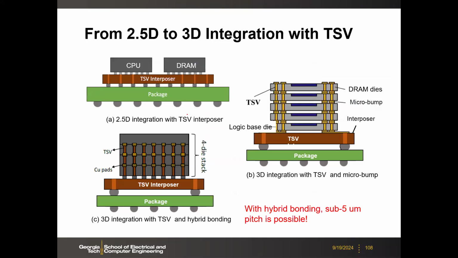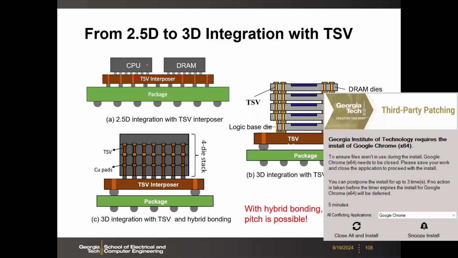So now if you have the TSV, then you can do this 3D bonding. Before you do the 3D bonding, there's another intermediate step that is 2.5D. 2.5D means you have different chips like your processor and memory, and then you have some substrate here to host the processor and the memory.